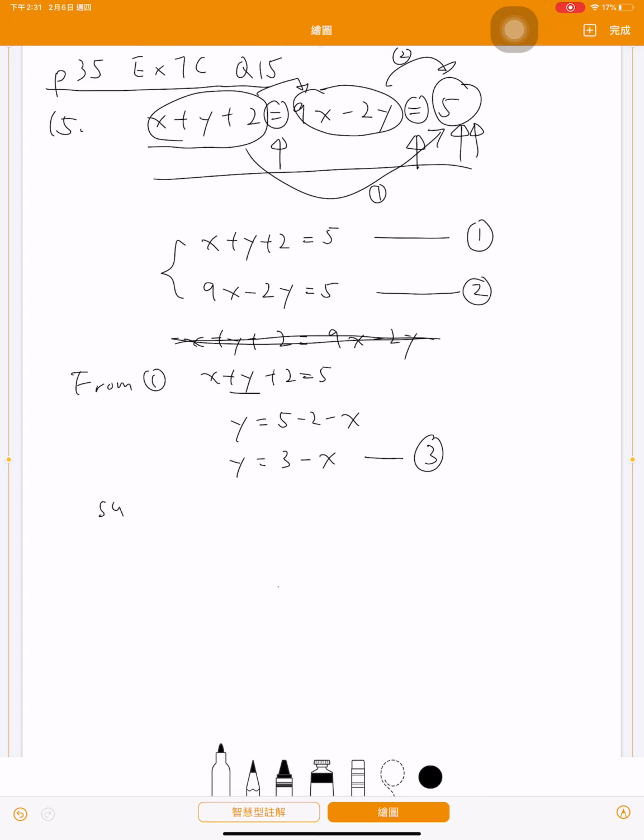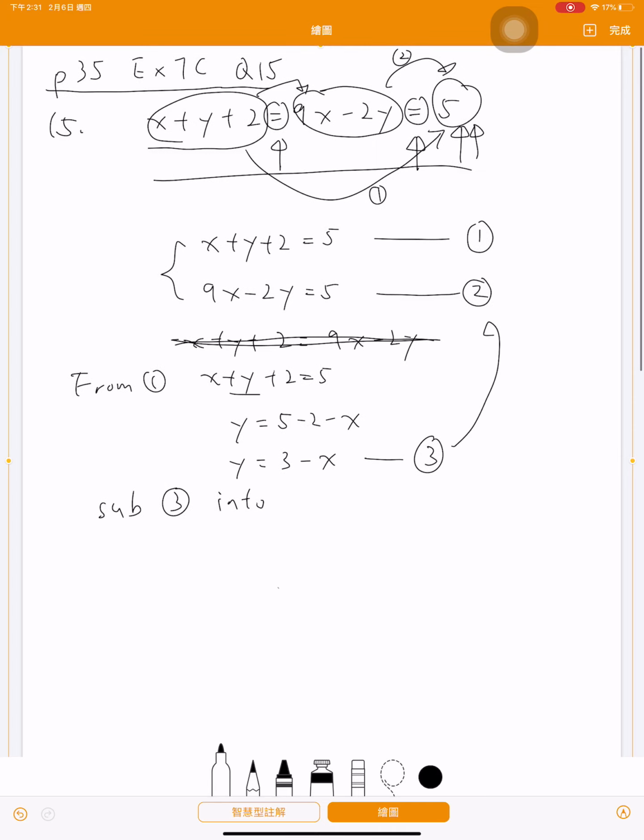Then we can substitute equation 3 into equation 2. We can only substitute into 2, because equation 3 comes from equation 1. We cannot substitute back into equation 1. So in equation 2, 9x - 2y, the y becomes 3 - x, so 9x - 2(3 - x) = 5.